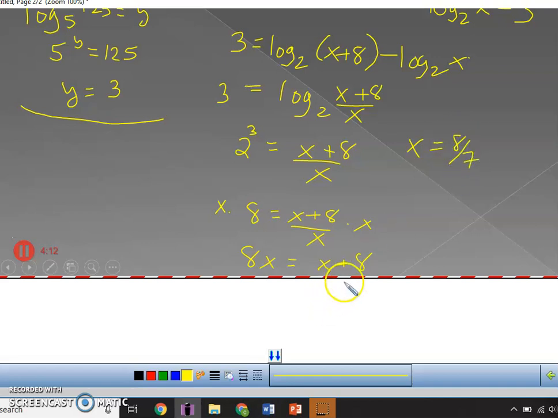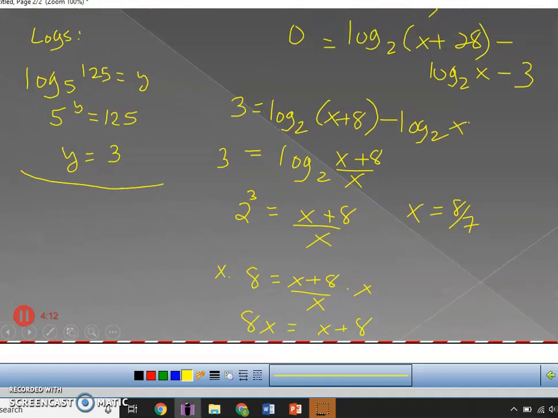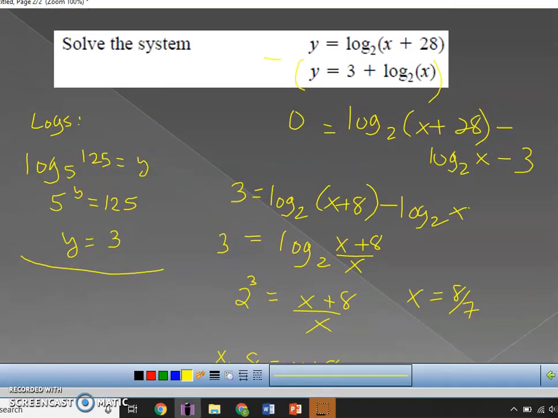If I did this correctly, x is equal to 8/7. Let's go back up. All right, so now we'll go back into the original problem, and we'll plug that in. It might be easier to plug in the 8/7 here. And so we would end up with y is equal to 3 plus log base 2 of 8/7.